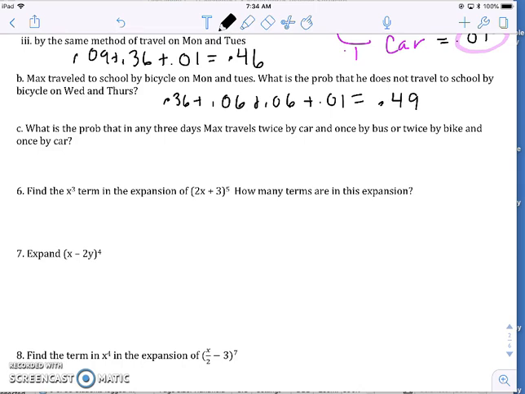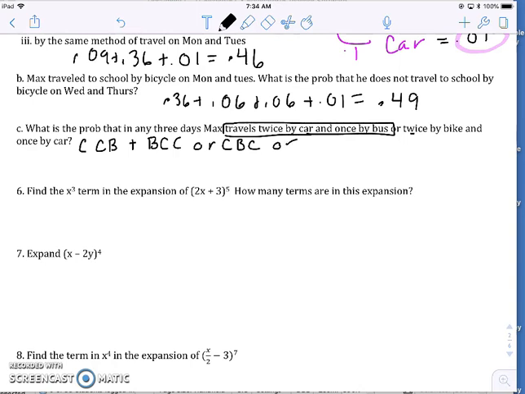So let's see if we can figure this out. In any 3 days he travels by car twice and once by bus. So he could do car, car, bus, or bus, car, car, or car, bus, car.